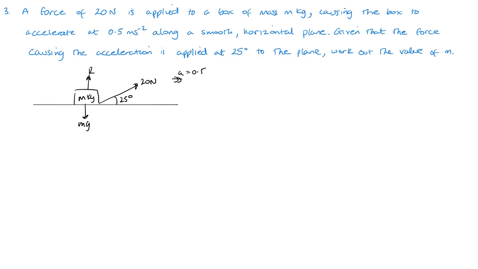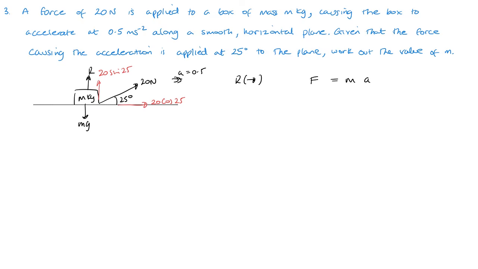So I can resolve this. This will be horizontally 20 cos 25, and vertically will be 20 sine 25. Sorry about my writing there. Right, let's resolve this horizontally. F equals ma.